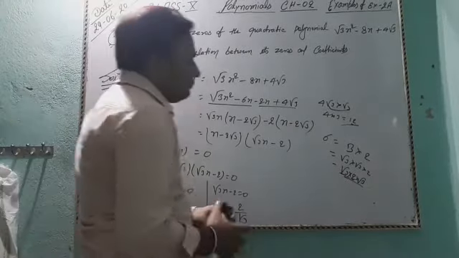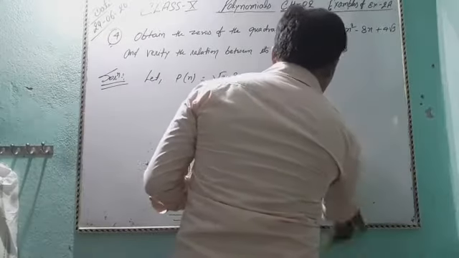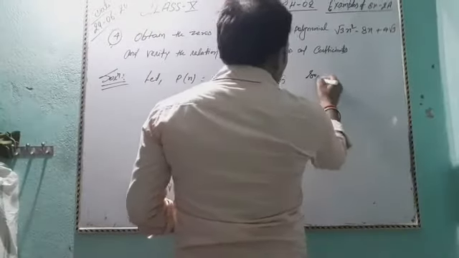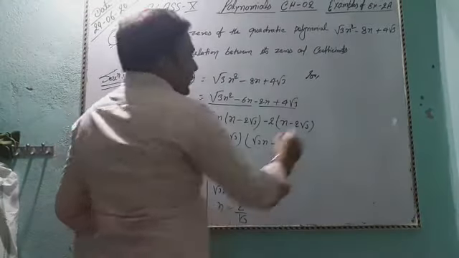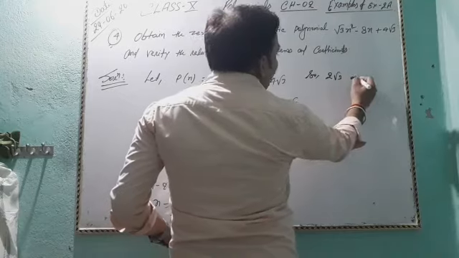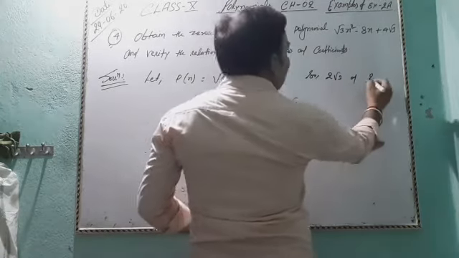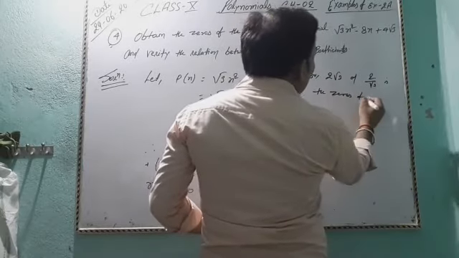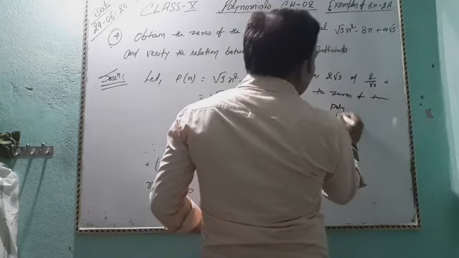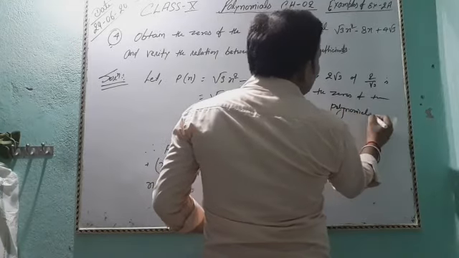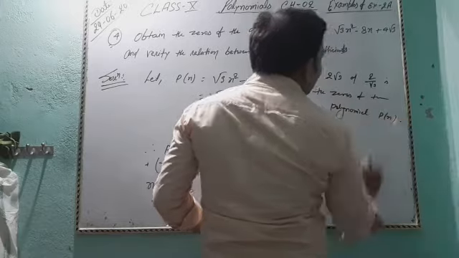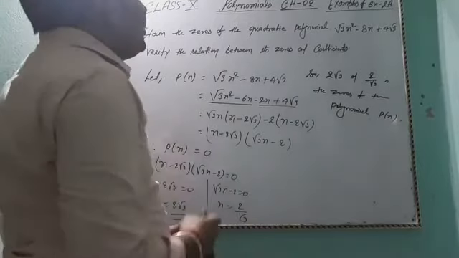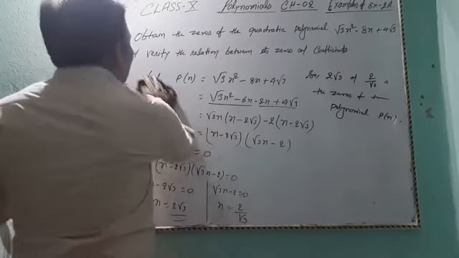So we write 2√3 and 2/√3 is the zeros of the polynomial Px. Okay, and verify the relations between the zeros and coefficients.